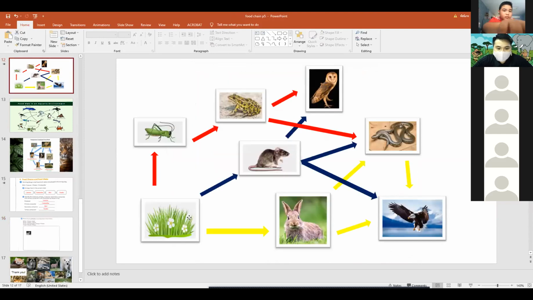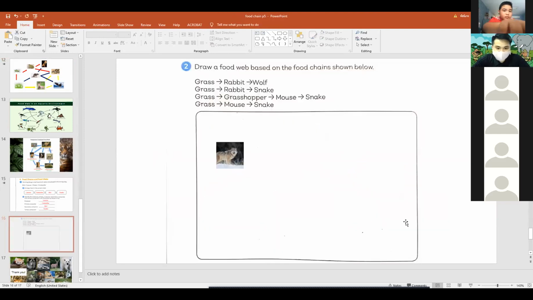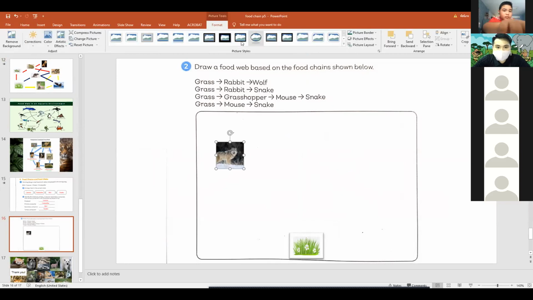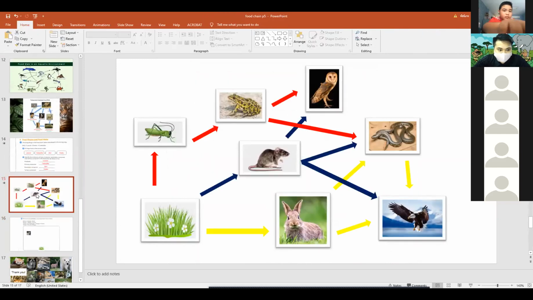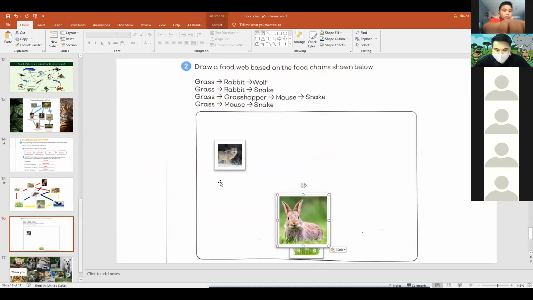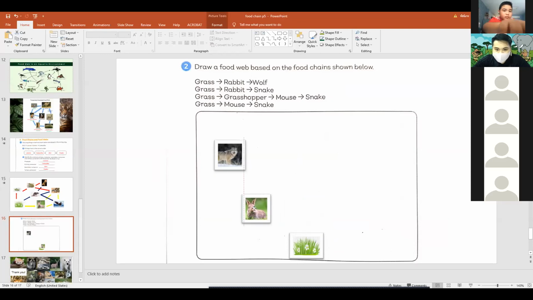Let's start with the grass. Grass here. And then this one, let's change. Grass. Grass, rabbit. You see?